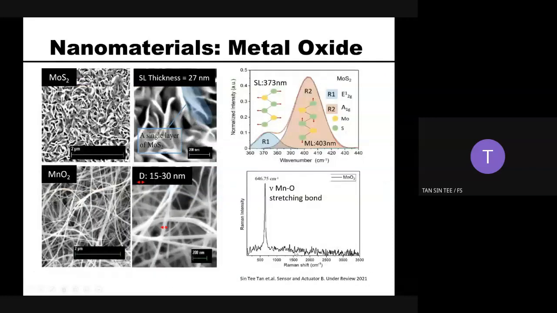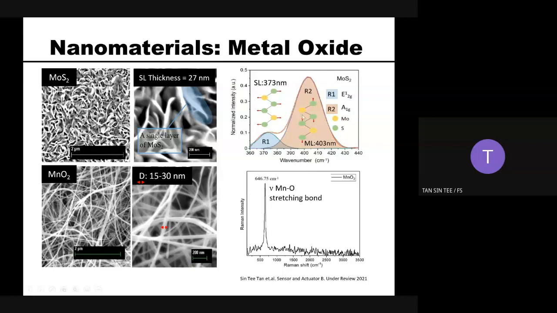Other than that, in the latest work, we have started moving toward the two-dimensional structure of molybdenum disulfide. Here are some images of the molybdenum disulfide that we have obtained, and we found that the molybdenum disulfide from the conventional way has a very thick thickness, about 27 nanometers, and is a combination of multi-layer and single layer molybdenum disulfide.